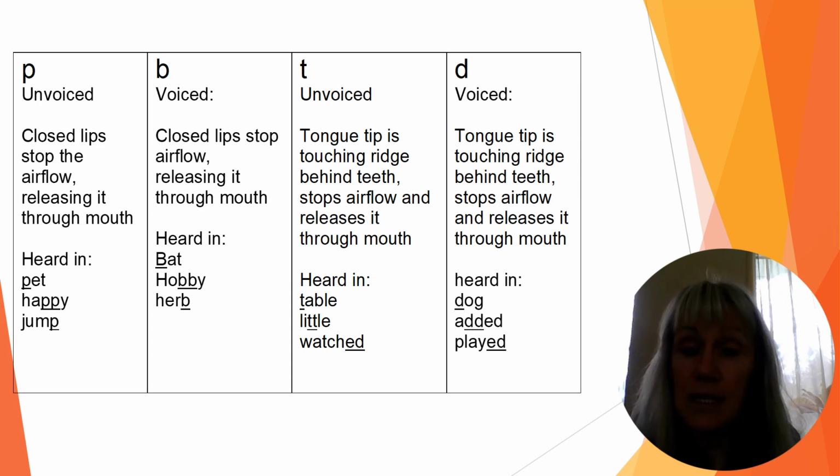The B is voiced. So we see the B: closed lips, stop the airflow, releasing it through the mouth, and it's heard in words like pet, happy, jump.